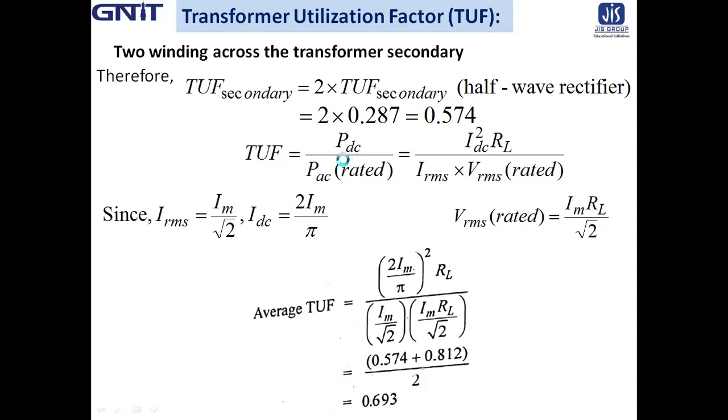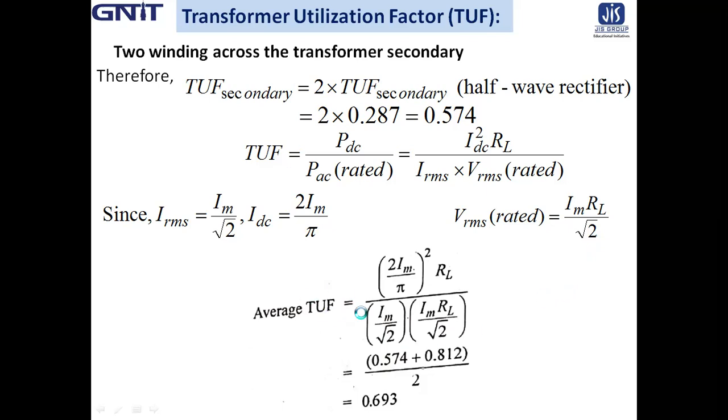Therefore, TUF equals PDC by PAC rated, which is IDC square into RL by IRMS into VRMS rated. Now, since we know the IRMS and IDC values, that is IRMS equals Im by root 2 and IDC equals 2 Im by pi. So the transformer rated RMS value is VRMS equals Im RL by root 2.